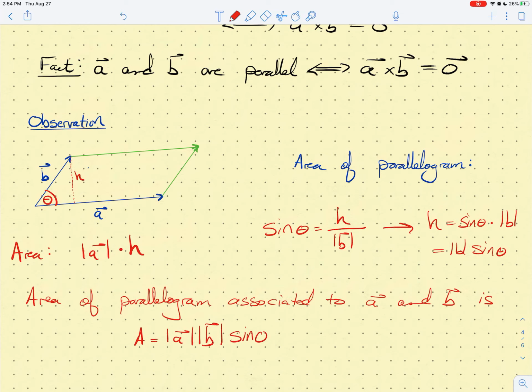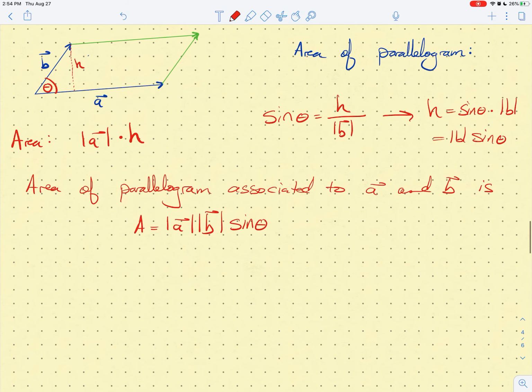Well, la-di-da, no big deal. Wait a minute. We've seen this before. This is exactly the formula for the cross product. Sorry, not the formula for the cross product itself, the formula for the length of the cross product. And so it turns out that this number, this length of the cross product, has a very nice geometric meaning. Anytime you compute the length of a cross product, you're actually computing the area of whatever associated parallelogram you have.